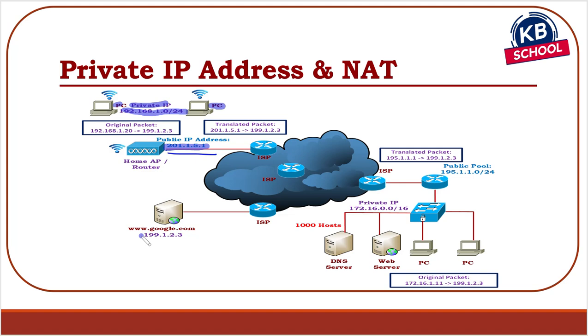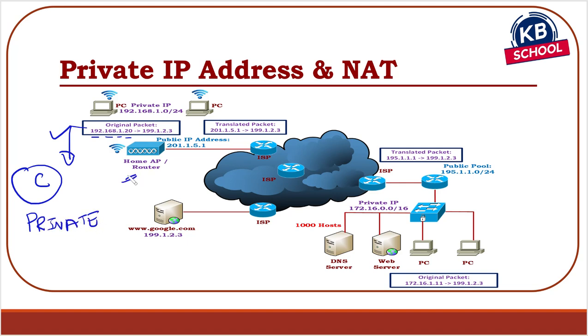If he wants to communicate to, let's say, google.com, 199.1.2.3, which is a public address, I just made it up, he would start the packet out by using his address as a source. So his source address will be 192.168.1.20. The first two octets, 192.168, make it a private Class C address.